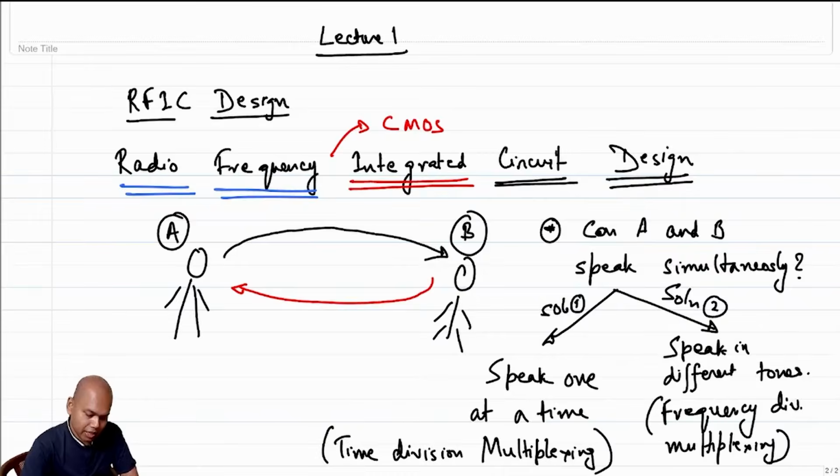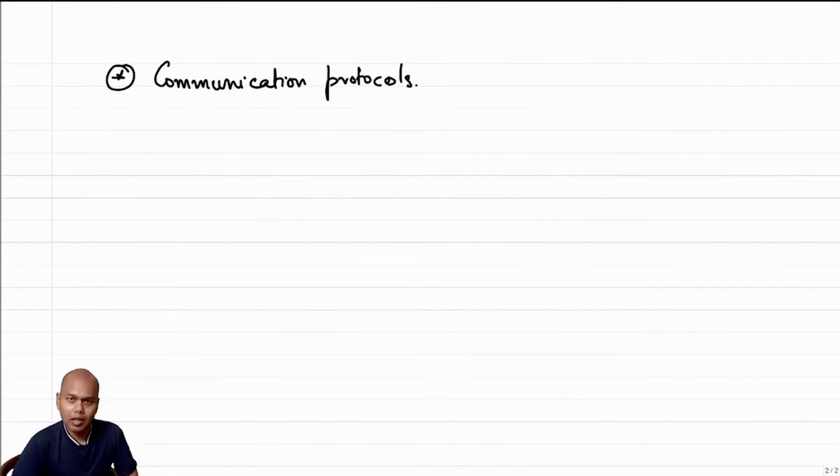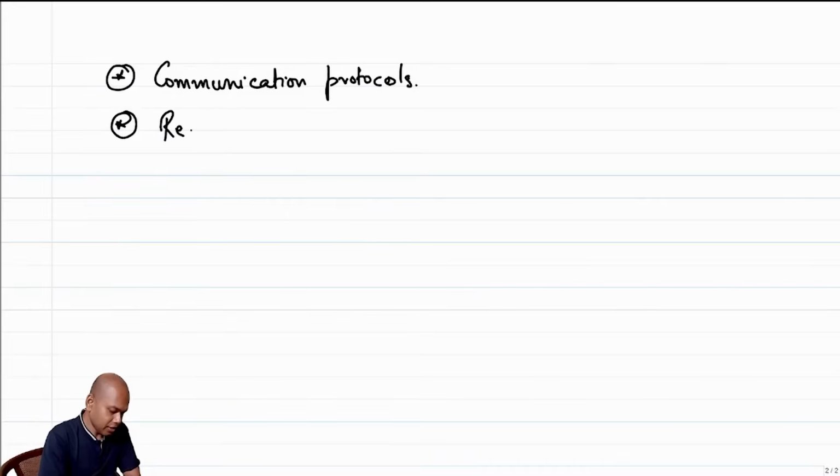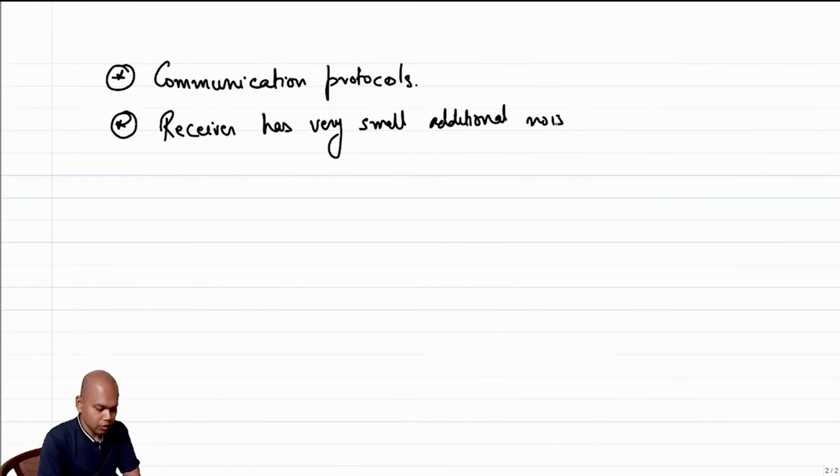The same thing goes in the case of electronic communication. We need to ensure that our receiver has very small additional noise. Why do I say additional noise? Even if you take the example of two people talking to each other, you cannot ever make the noise zero.